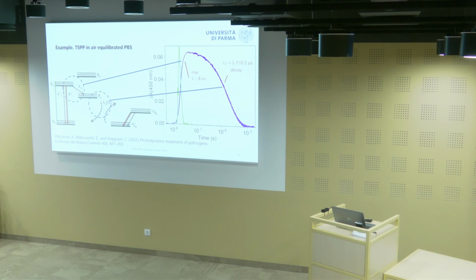Keep that number in mind because all triplet states in water equilibrated with air at room temperature live 1.7 microseconds. It may be 1.9, 1.6, but they all live the same because that's a lifetime determined by oxygen concentration. If the lifetime becomes longer, it means it's protected. If the lifetime becomes shorter, it means there's something else.